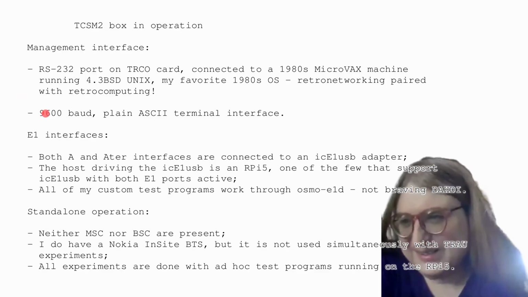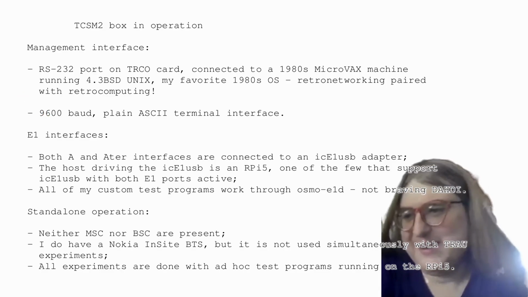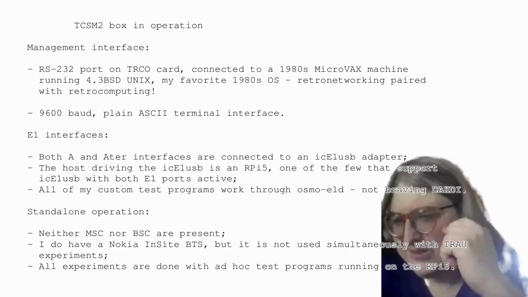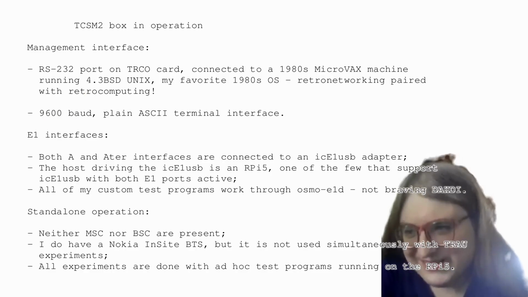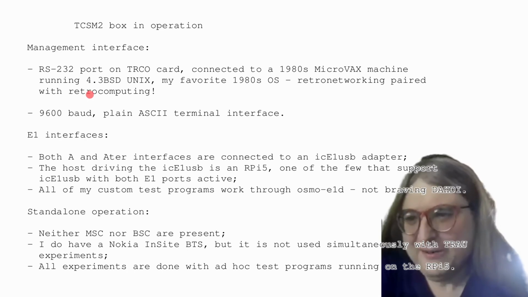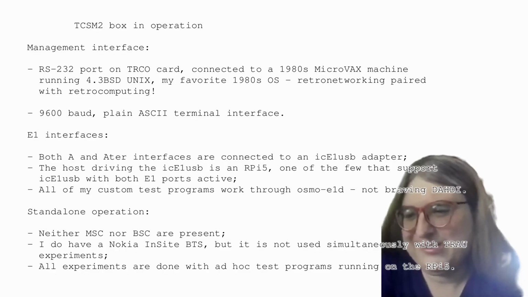And because it's only 9600 baud, it doesn't need some modern crazy high baud rate like 115200. I could just drive it with a very, very vintage retro computing machine. Because on the MicroVAX, of course, they were built in the days when people had real terminals and rooms full of terminals.